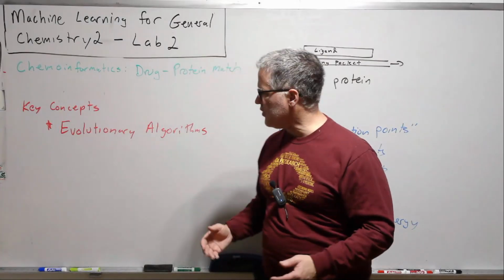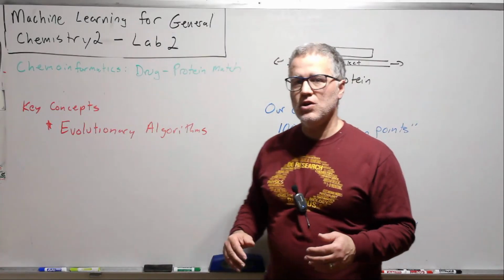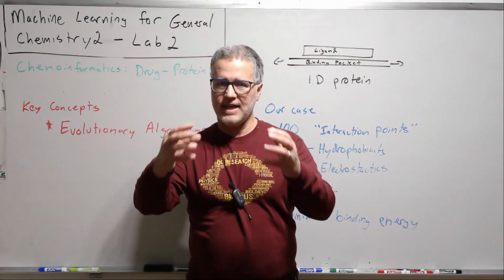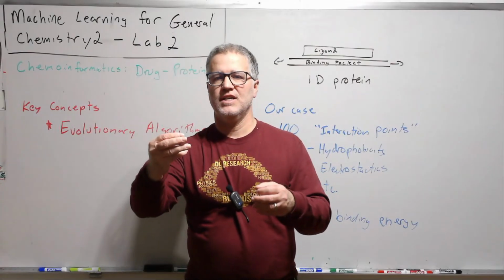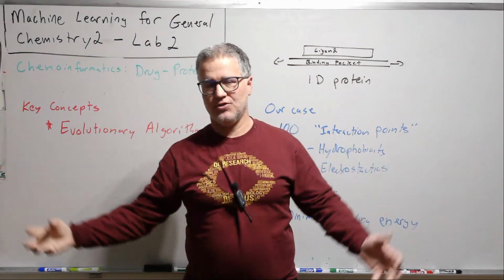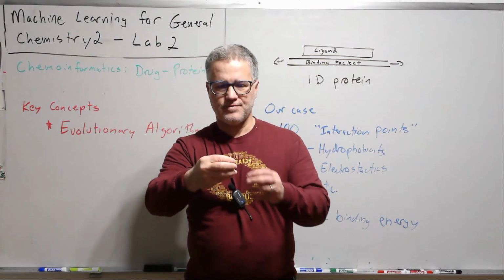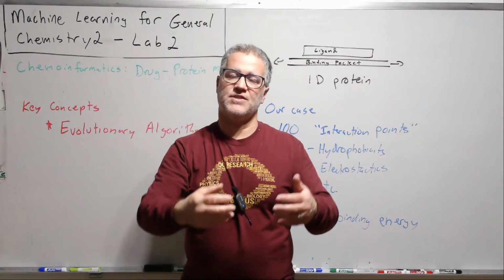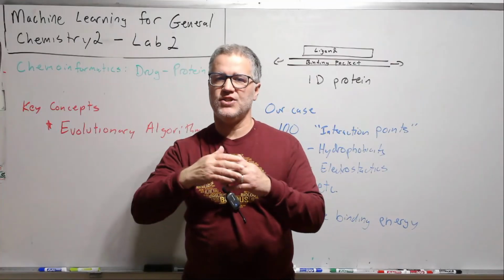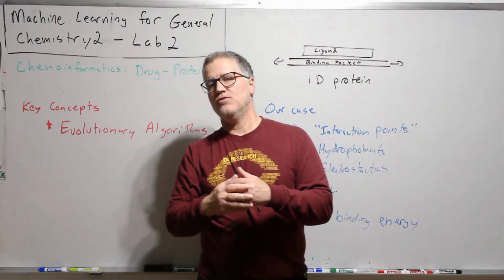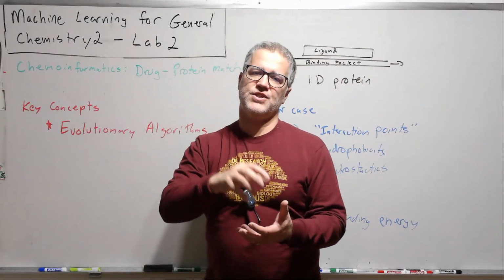Well, you can combine this in what's called an evolutionary algorithm, where you then take the best, say, 5 of those molecules and do the whole thing again. So blow out another 100 or so molecules and then take the best 5 of those and the best 5 of those. And as you go through several generations, as they're called, then you get better and better binding of a particular molecule to this site on the protein.